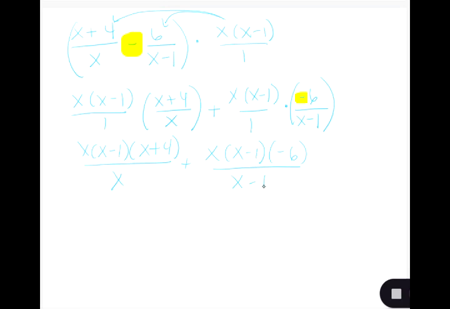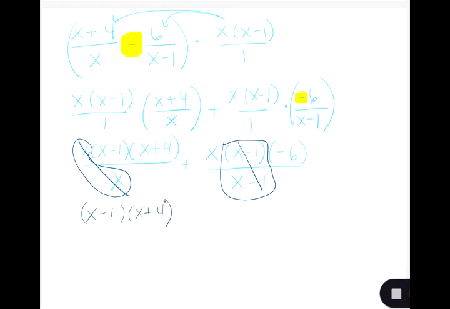And so before I try to add anything, I'm going to see what can cancel. So on this side over here, I have an x over x, so that's going to be gone. And here I have an x plus 1 over an x plus 1, so that's gone. So I'm left with x minus 1 times x plus 4 plus x times a negative 6, right?